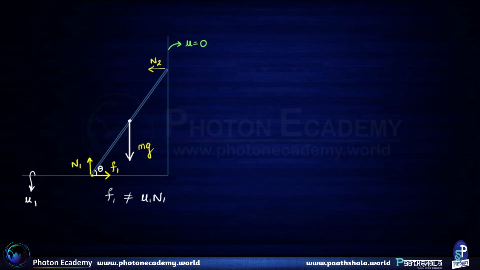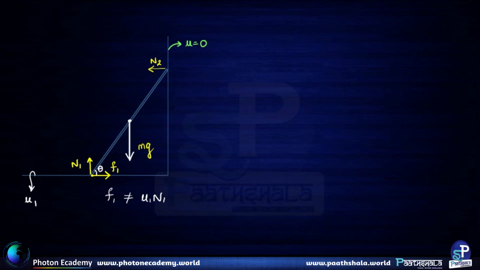This is an incorrect equation because this point of contact is not moving. This point of contact is stationary, not moving. So we do not know whether friction will have its maximum value or not. The correct exact equation would be F1 is less than or equal to mu1 N1. This will be the exact equation.